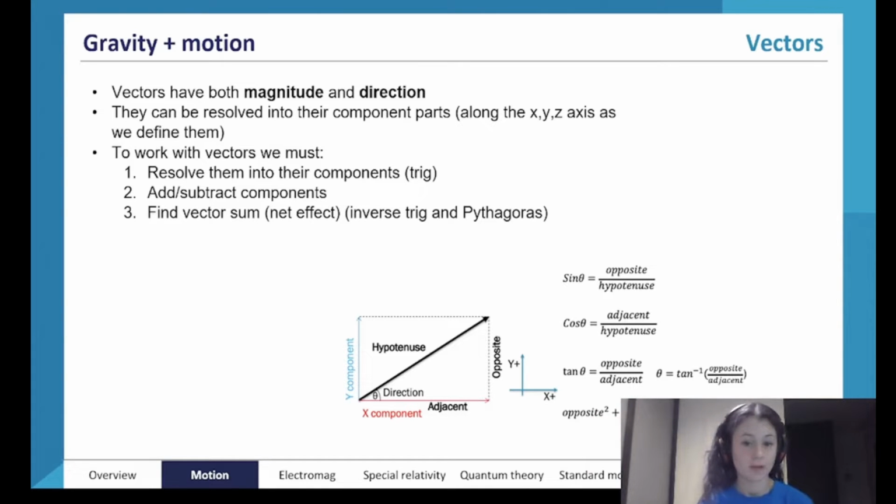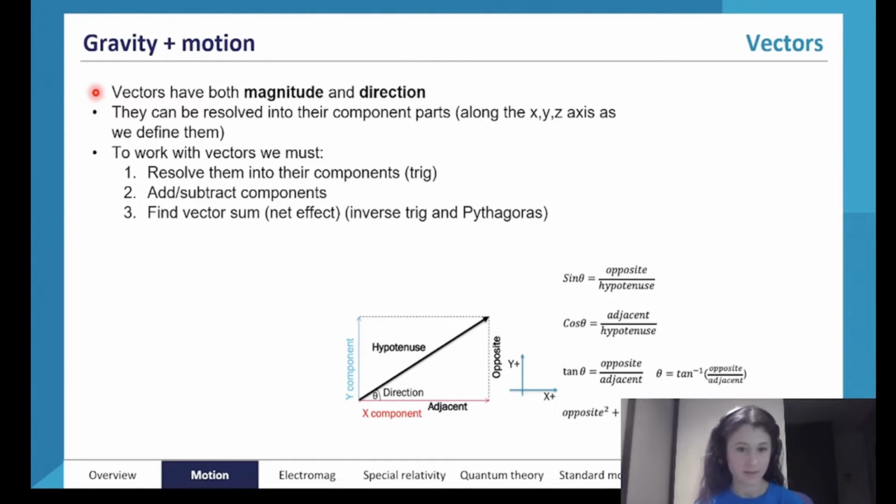Okay, now getting into a little bit more of what a vector is. Vectors have both a magnitude and a direction. A lot of the quantities that you've worked with up until this point will just have a magnitude, such as 5 kilometers, 3 kilograms, 3 meters per second.